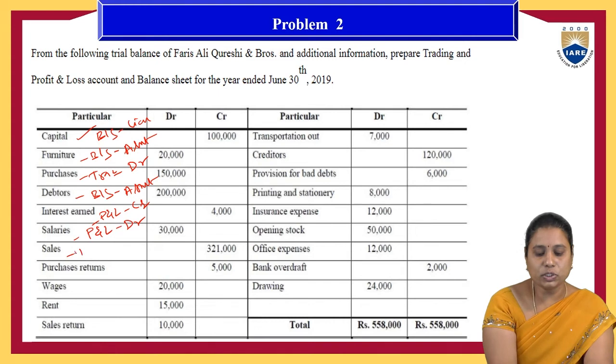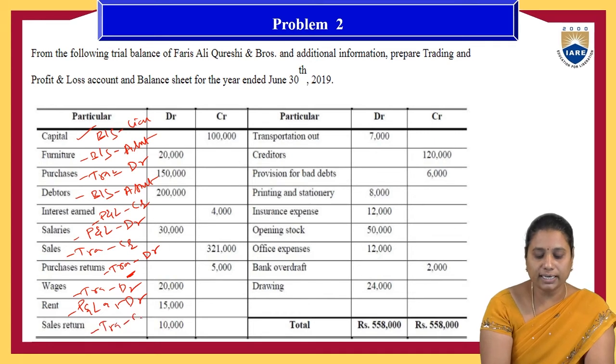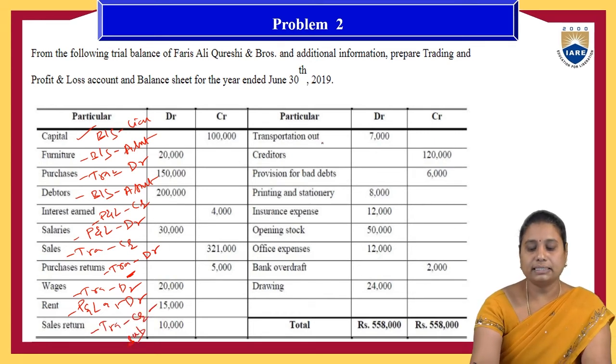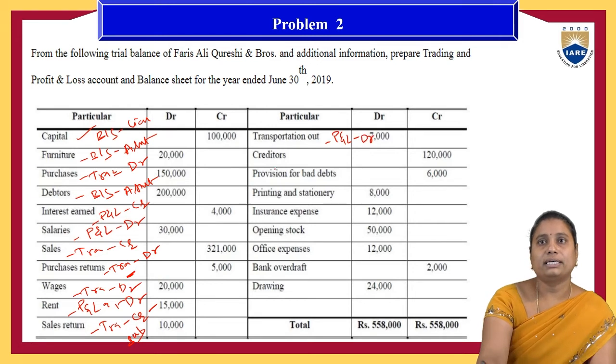Sales, trading account, credit side. Purchases returns, trading, debit side, only we have to less from the purchases. Wages, trading account, debit side. Rent, profit and loss account, debit side. Sales returns, trading account, credit side, but we have to less from the sales. Transportation out, profit and loss account, on the debit side.